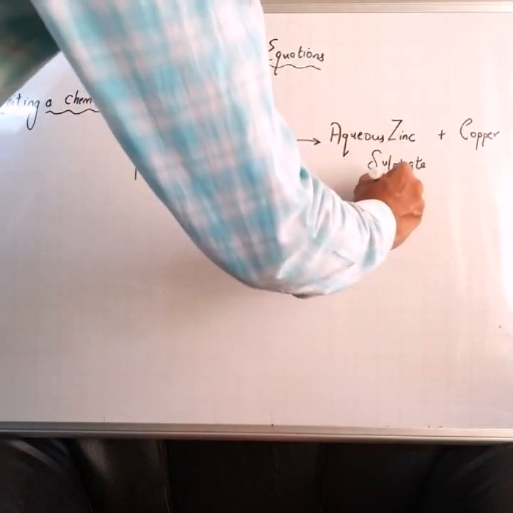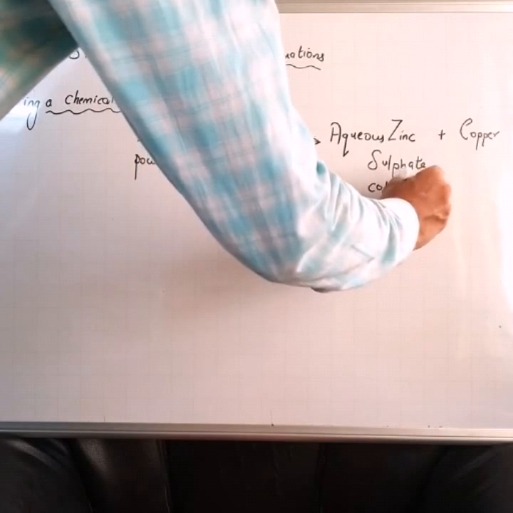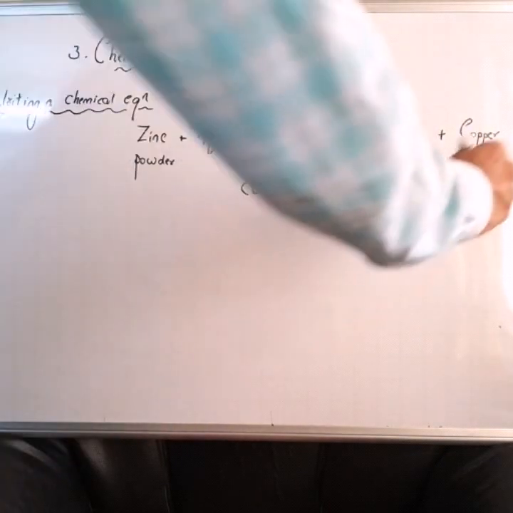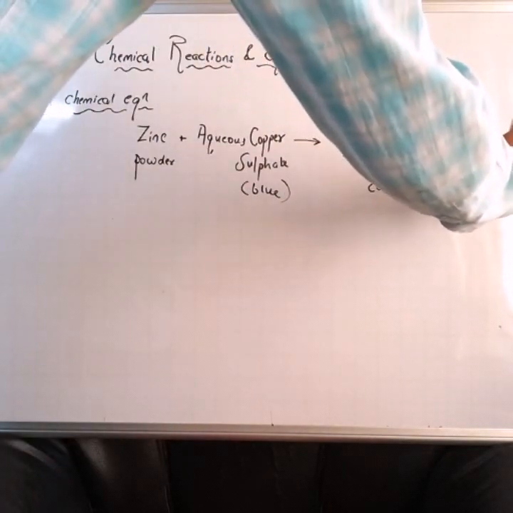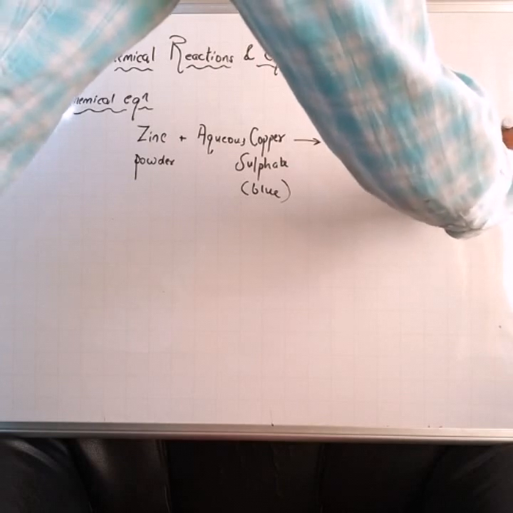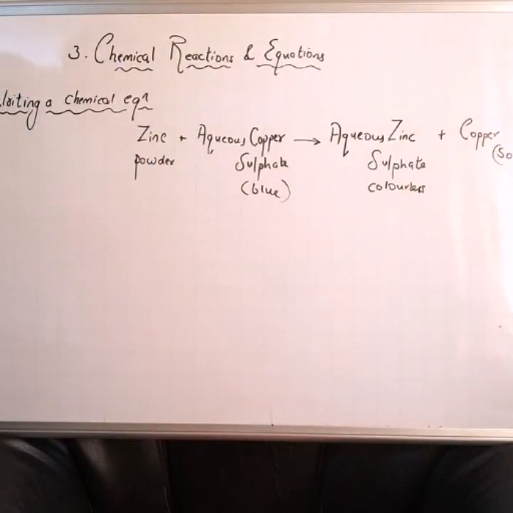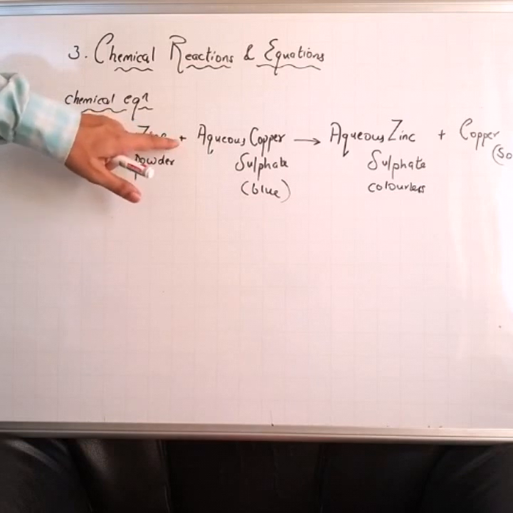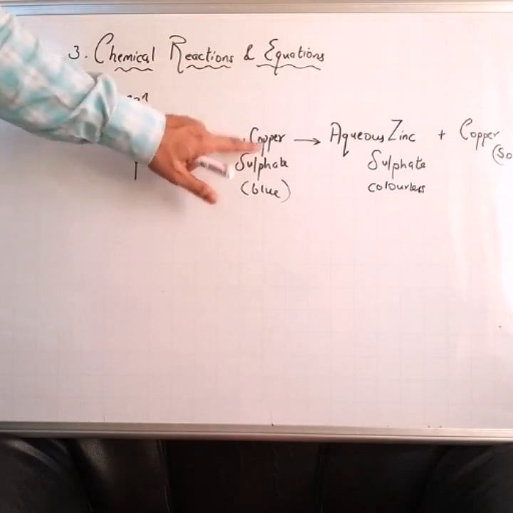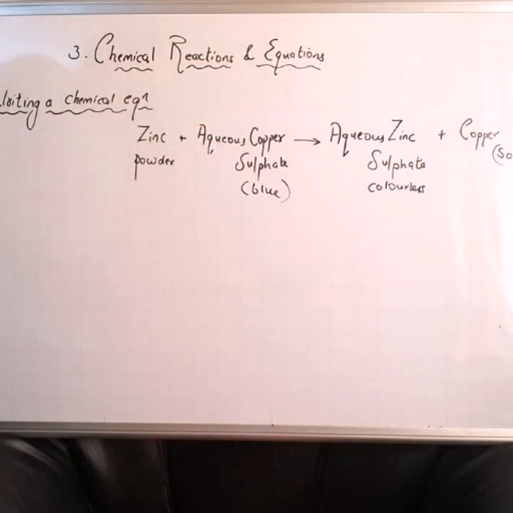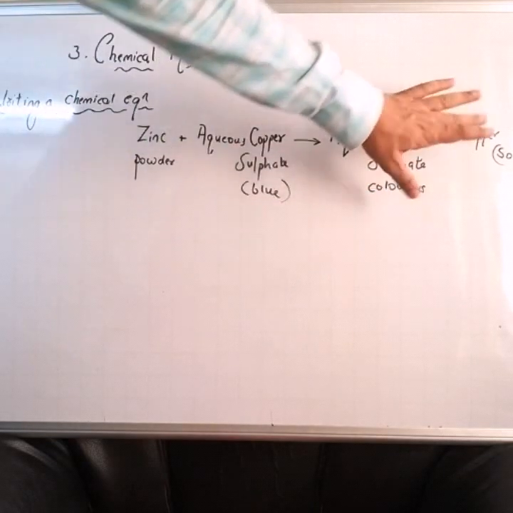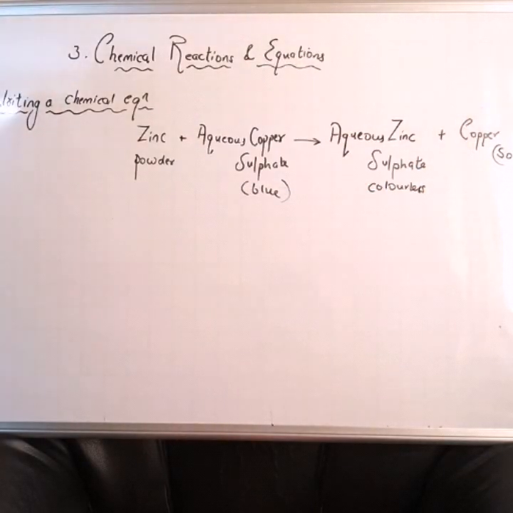And we also get copper in solid form. So what are the reactants? Zinc and aqueous copper sulfate are the reactants. Aqueous zinc sulfate and copper are the products.